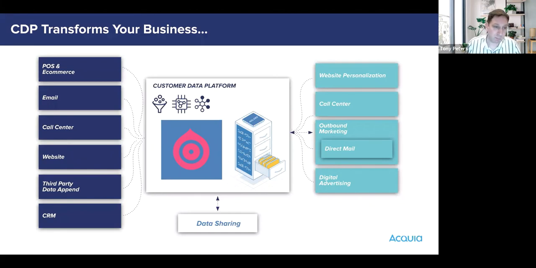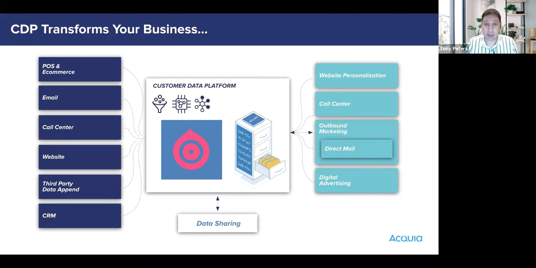We've got point of sale, e-commerce, things like email, call center, website, third-party data. So think of all of those inputs that you may already be using for your data warehouse or your CRM, things like that. All of these data inputs can be plugged into the CDP using that open architecture.